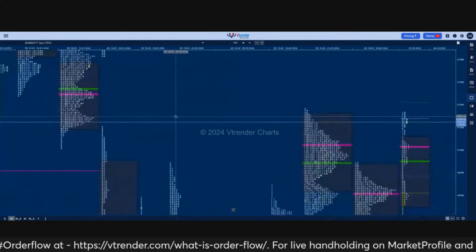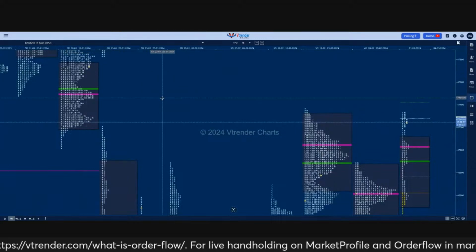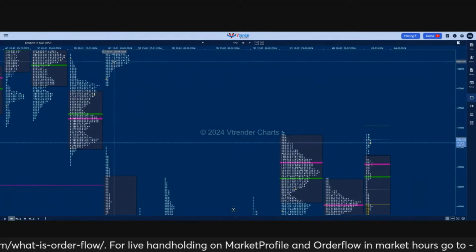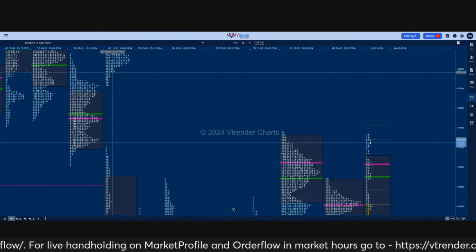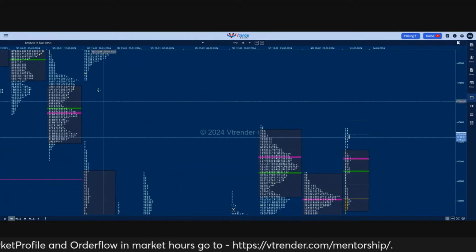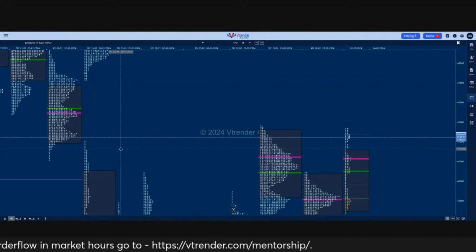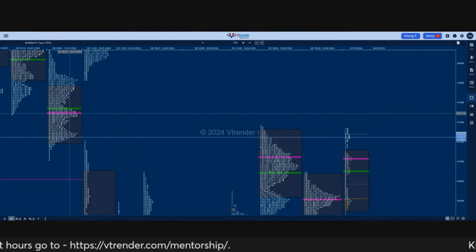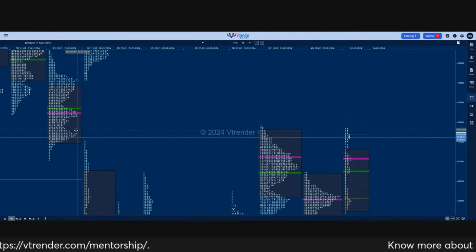Okay, so here you can see this is the weekly profile of that week from 15th to 20th, where we had this big gap down. So this zone of singles is yet to form value. So what we can look at going forward is one week where we form value in this zone.